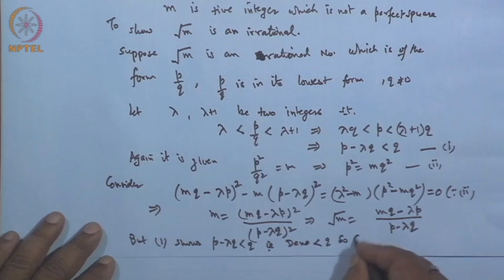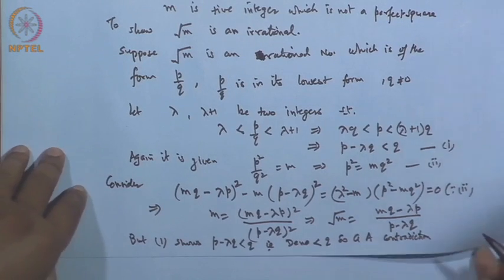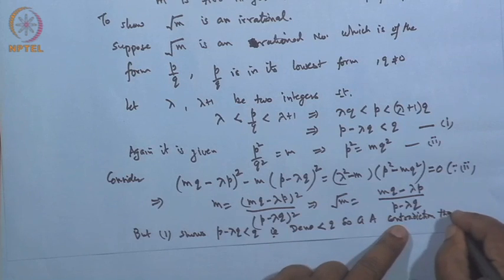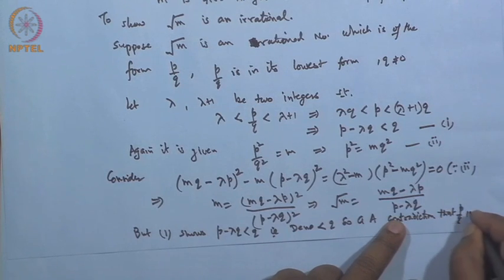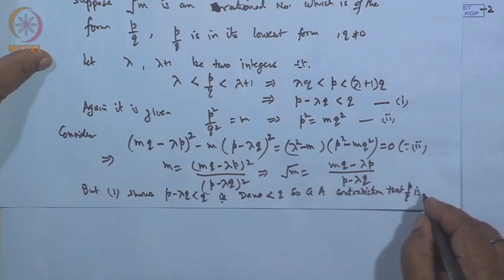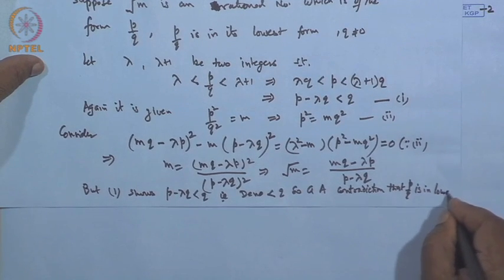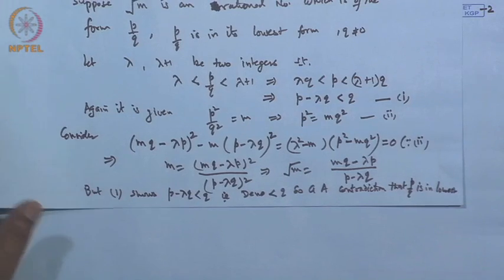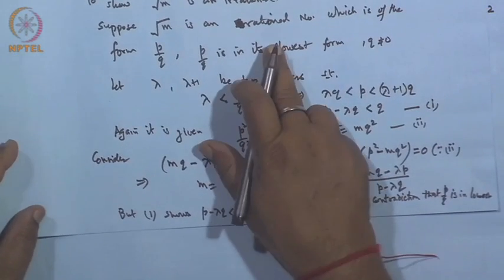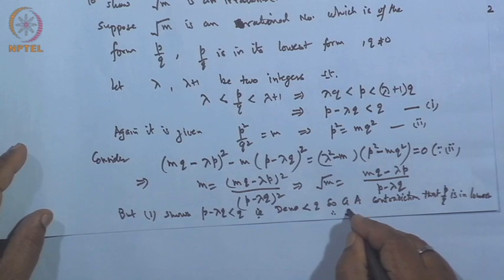So, that p by q cannot be in lowest form. So, it is a contradiction. And this contradiction is reached because of the wrong assumption that it is a rational number. Therefore, root m is an irrational number.